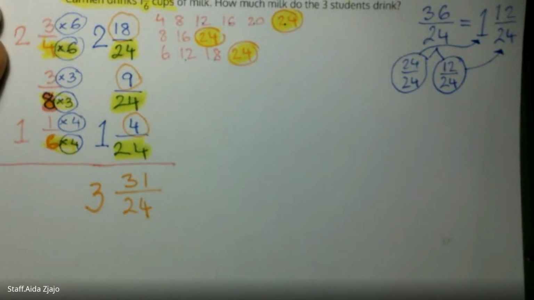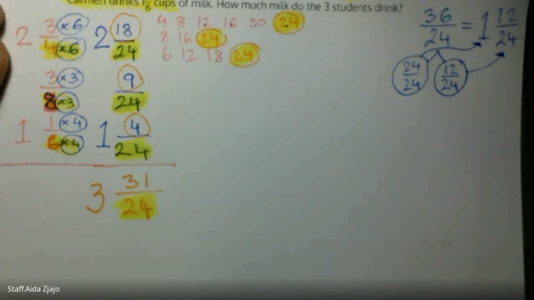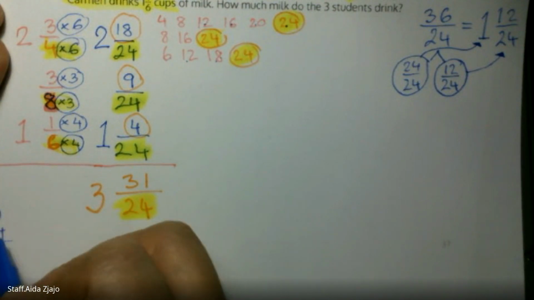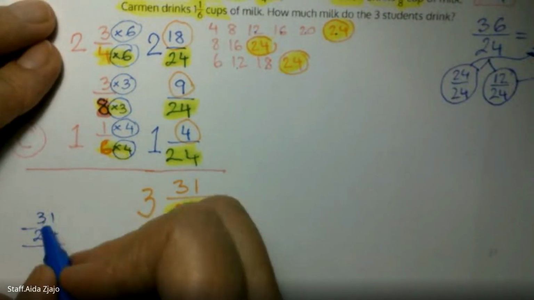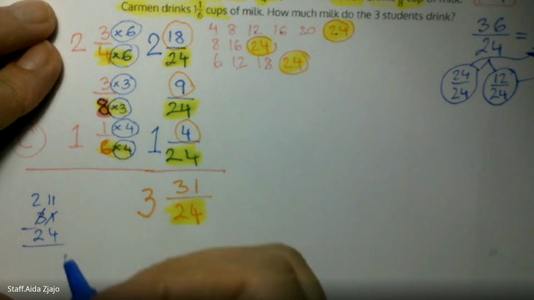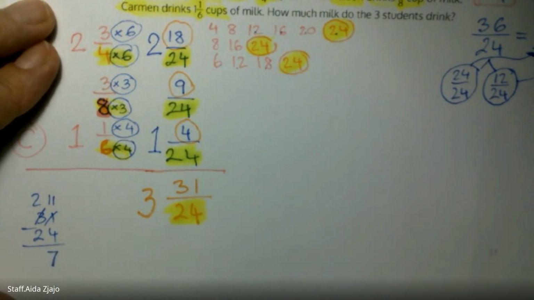If you decompose, you know the 24 pieces makes a whole. Inside of 31, there is 24 pieces. So thinking about 31 minus 24, I have to regroup in order to subtract. So 11 minus 4 is 7. So 7 pieces will be left.